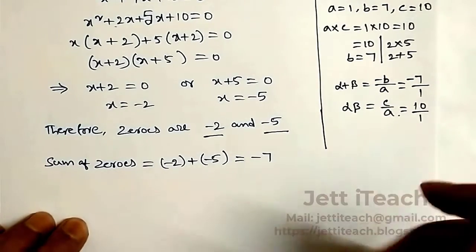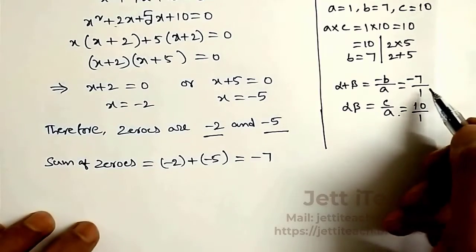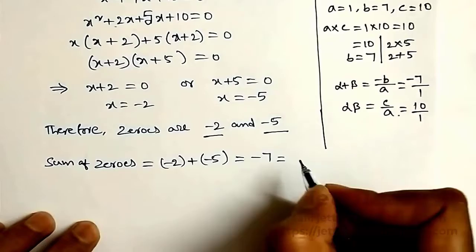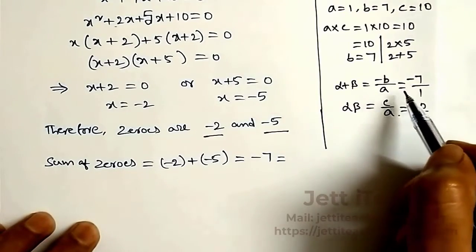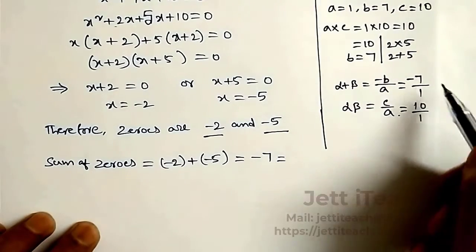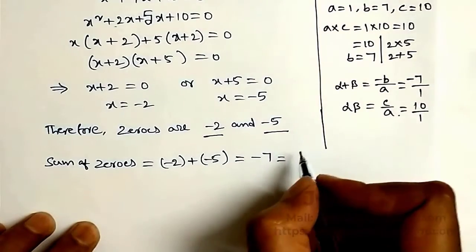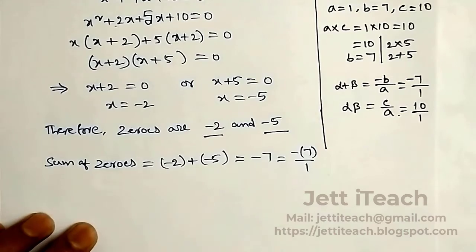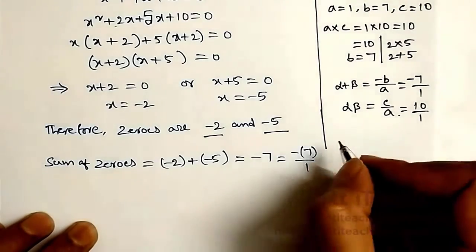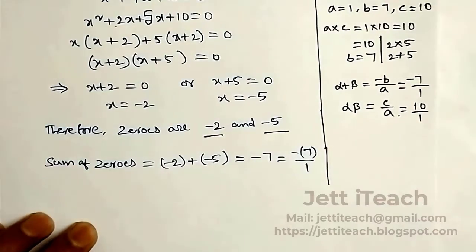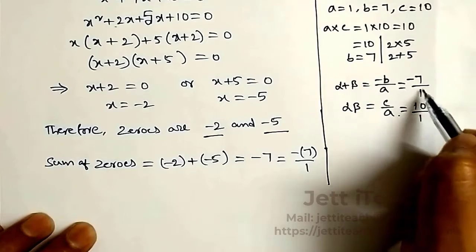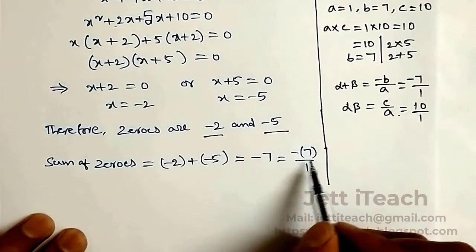Also the sum of the zeros, you need to write minus 7 as minus 7 by 1. Why did I write it like that, minus 7 by 1? If you see, both are the same.